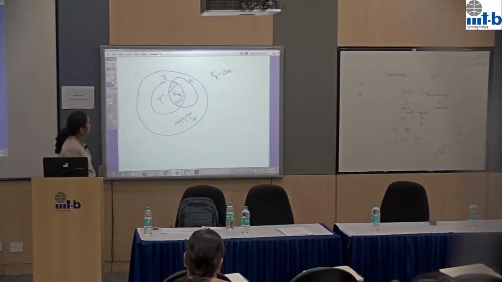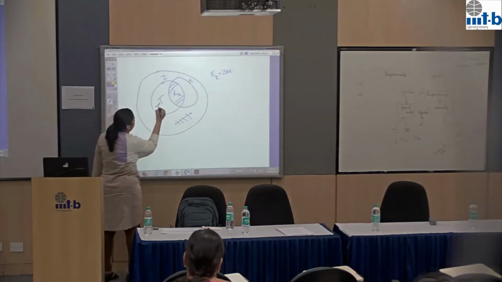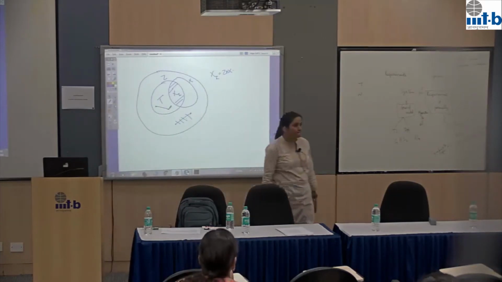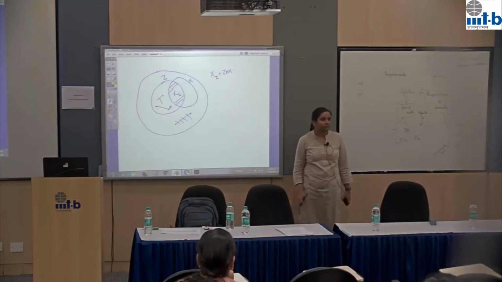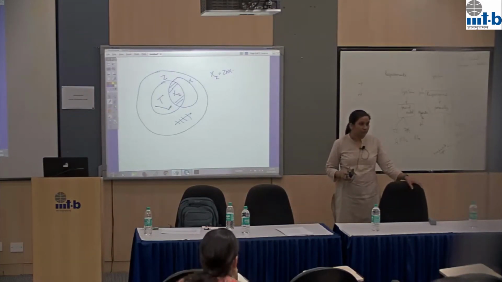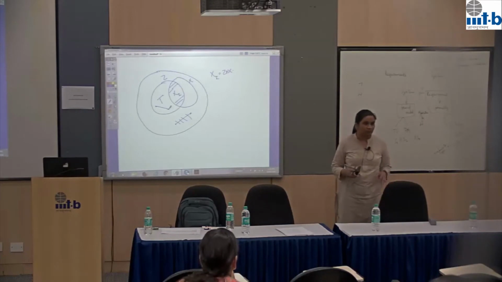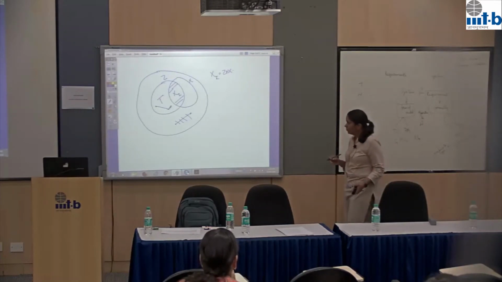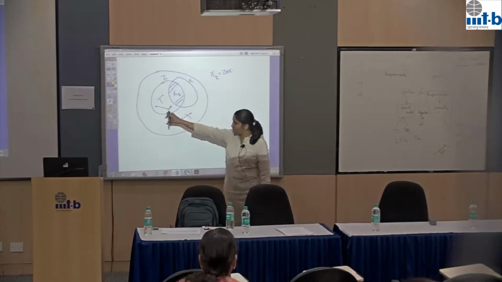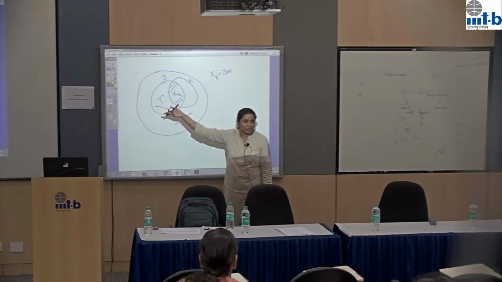And can we have an edge like this inside T? Yes, if there is an edge like this, again, who is covering it?